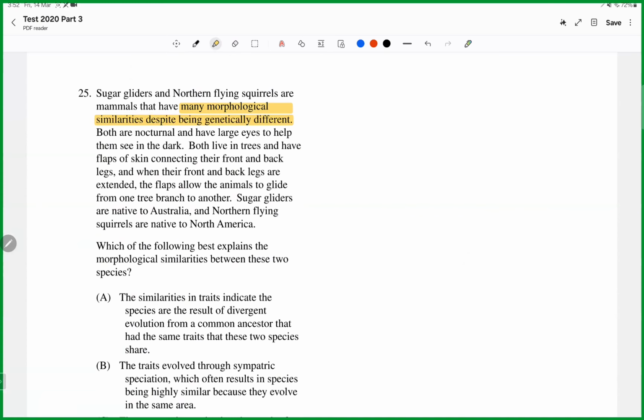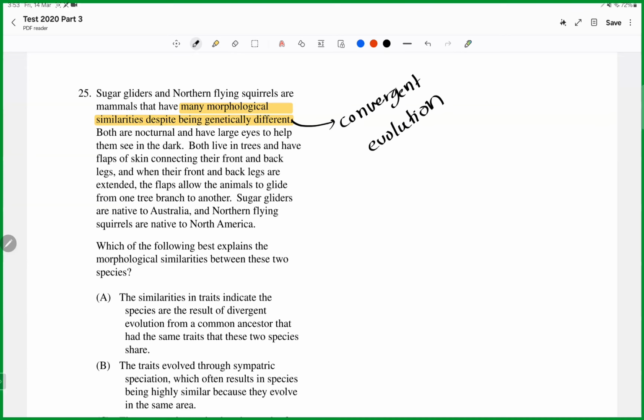Convergent evolution. They never become one in convergent. Yes. They never become one. You can never make 2 species one.